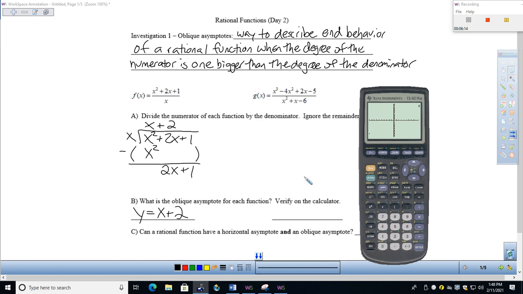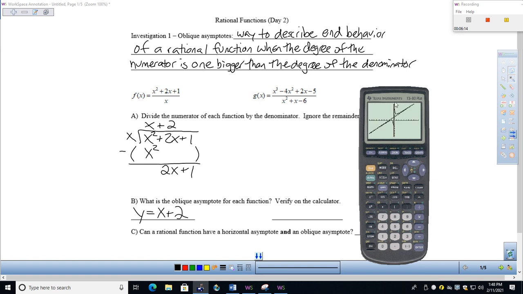All right. But if you also notice, if I put my oblique asymptote in now, which is just y equals x plus 2, you will see that the function values that I put into y1 should be getting infinitely close to the oblique asymptote as we have it there.